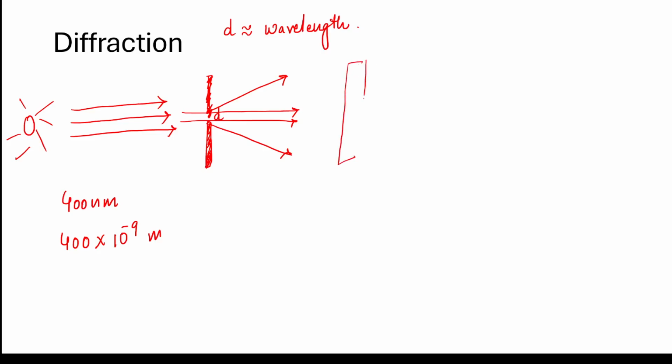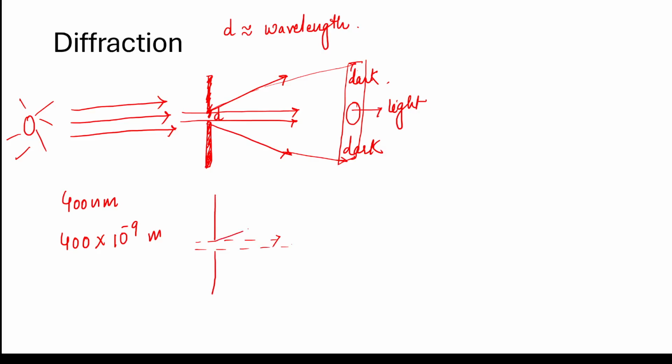You should see a bright spot of light here, and the rest should be dark. But instead, you end up seeing some light in the dark region too. How did this light come here? This was the slit, and my light was supposed to be going straight. Because the light has bent at the edge of the slit, I get some light in the dark region. This phenomenon is called diffraction.